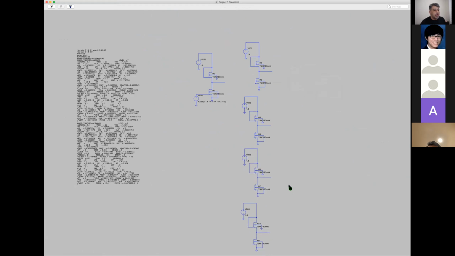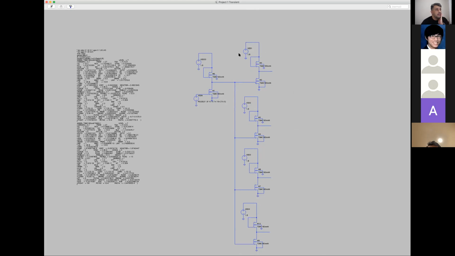Okay, so these are all loading down this circuit. This circuit is going to drive all of these, so I have to draw wires from here to each of them.